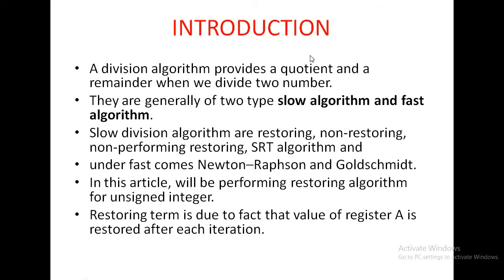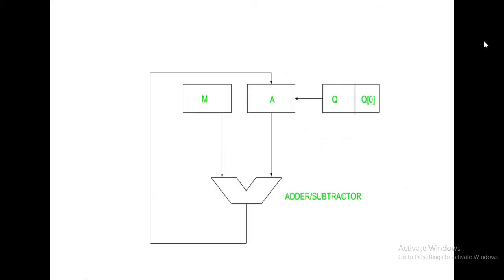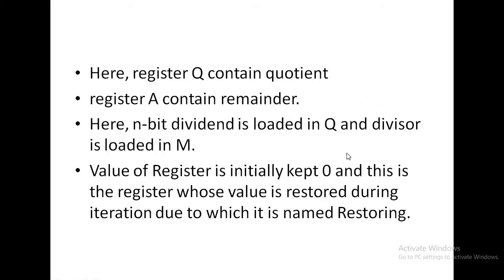Let us start. What are the different steps? This is the diagram, a small diagram. This is known as the accumulator, and this is the quotient. And this is the Q0 value. What does this diagram show?